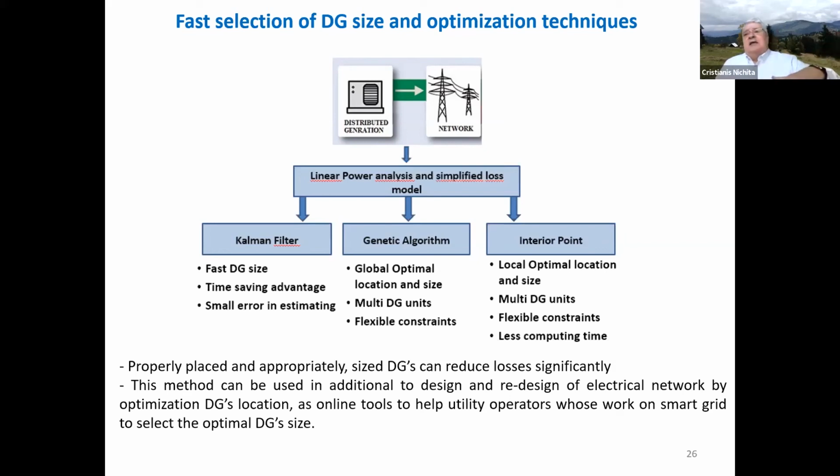That's why it's a little complex to present this result directly. So we try to obtain some steps, step by step, to arrive at global and local optimal location and size also, and for multi-DG units with flexible constraints and with less computing time.